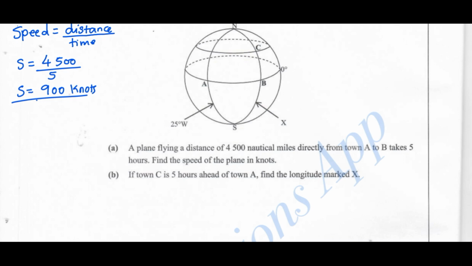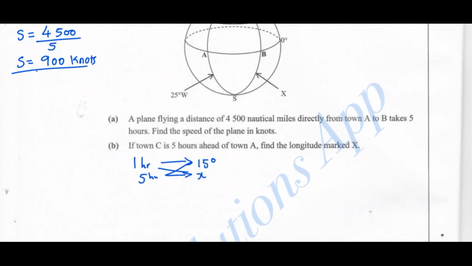We know that 1 hour is equivalent to 15 degrees. So what is 5 hours in degrees? So we'll do this, then we cross multiply. So if we do that, we are going to have X hour is equal to 5 hour times 15 degrees.